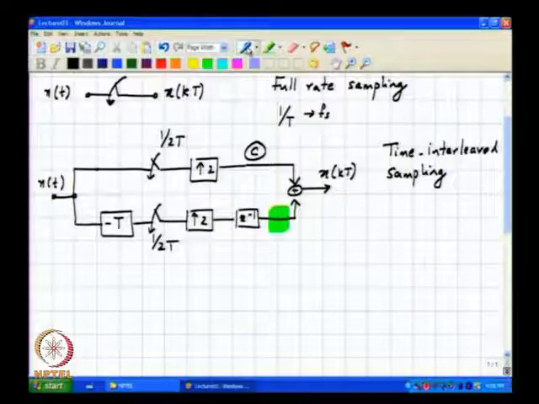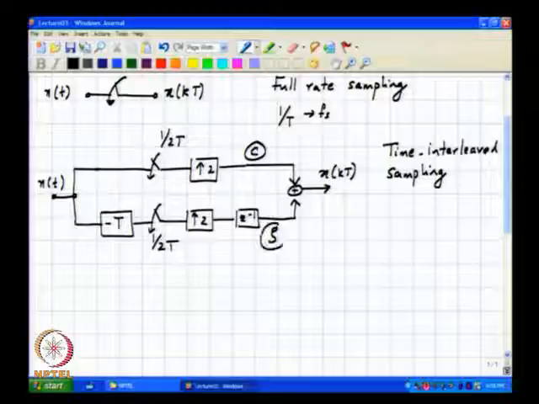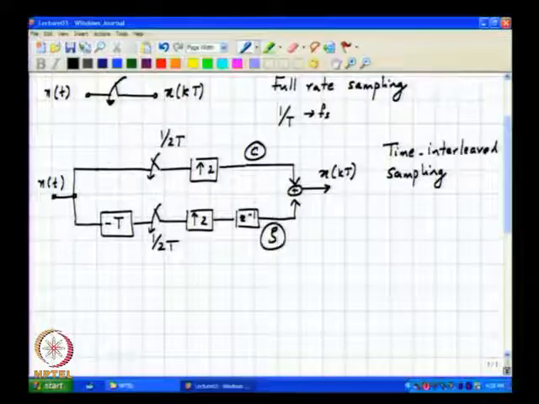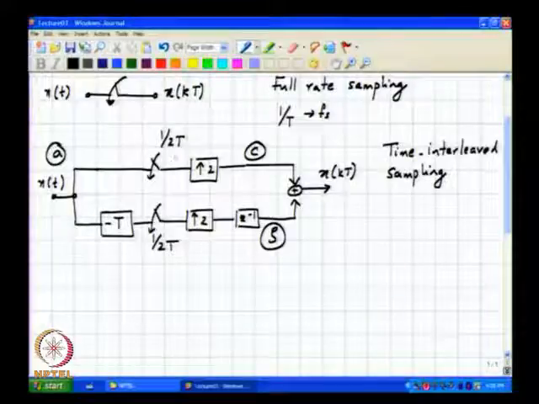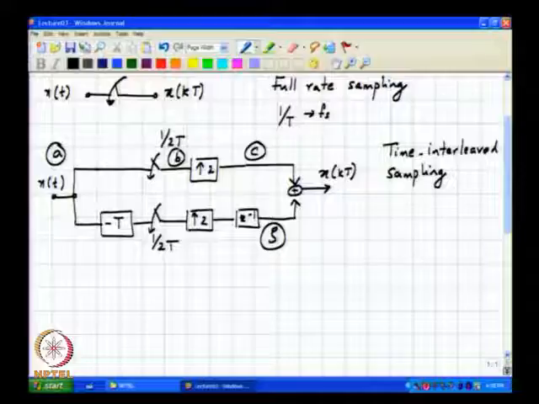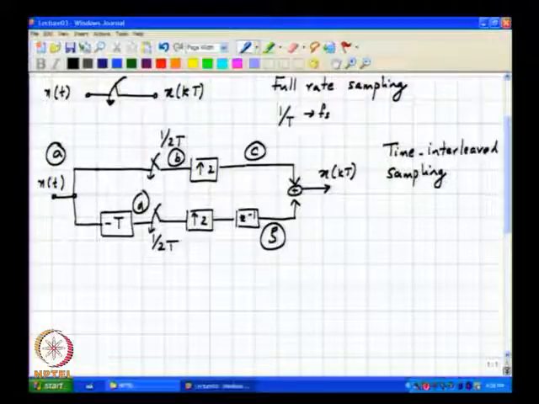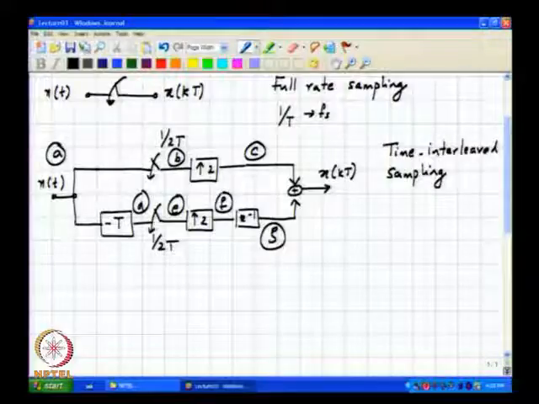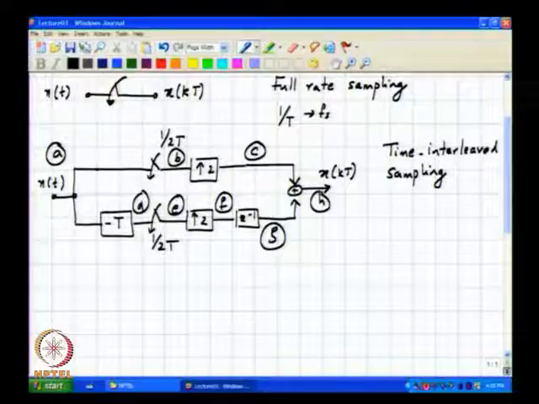G. Okay, so we call this G, and this must have been A, then B, C, D, E, F and G, and H is the final output. Is that right? Okay.